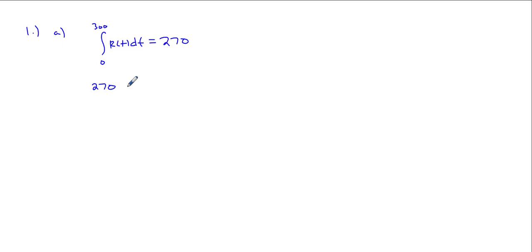It's kind of a little bit of a notation nightmare. Make sure you're using your parentheses correctly. You have 1 minus t over 300. Make sure you use your powers.